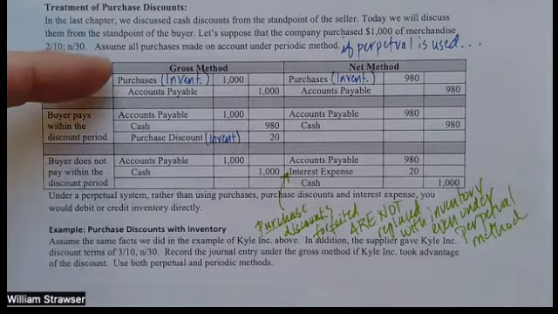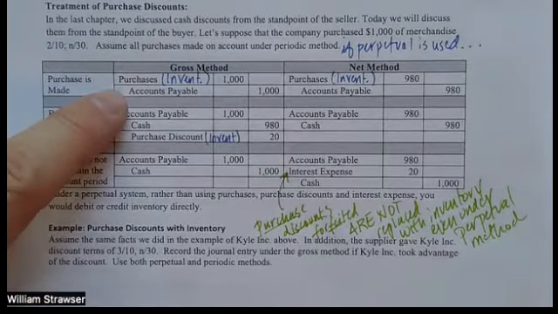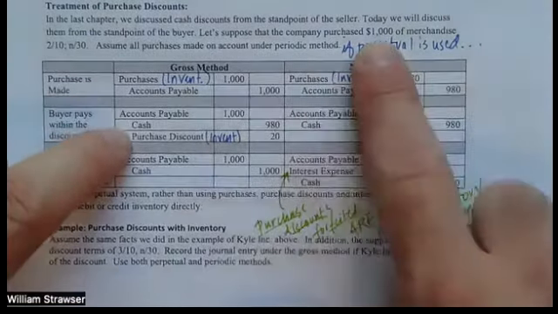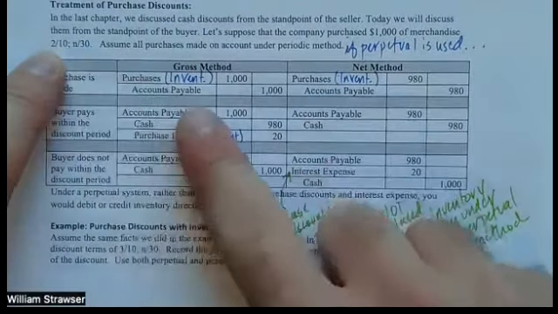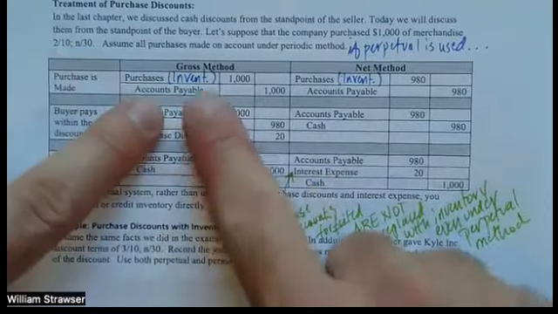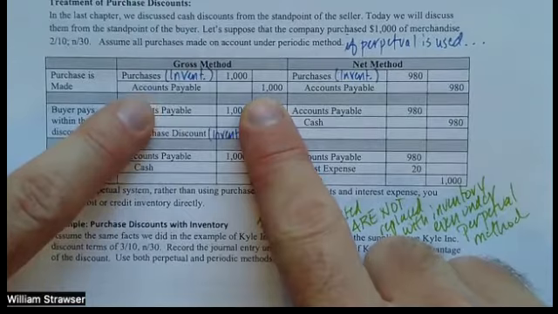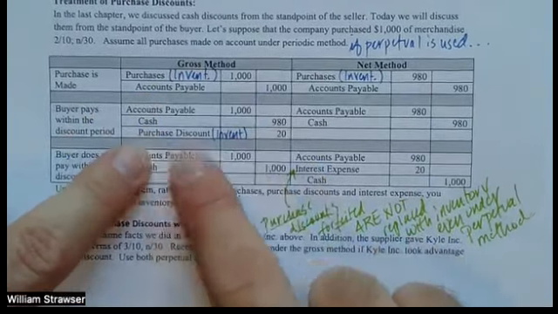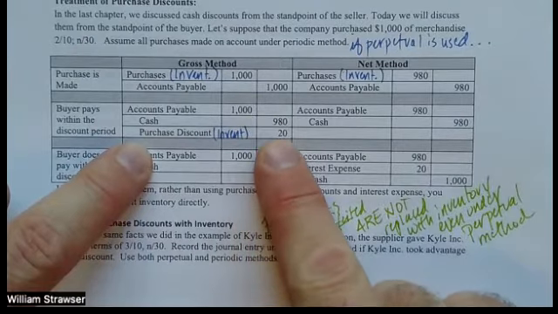If we invoke the gross method, we assume we're not taking the discount. We record it at, it says the company purchased $1,000 of merchandise. It has a 2% discount in 10 days. If it pays within 10 days, we act like, hey, we're using the gross method, but we pay within the 10-day window.